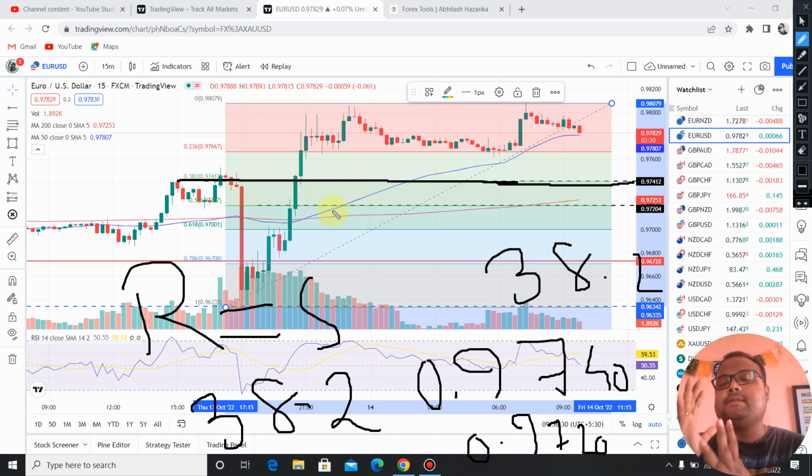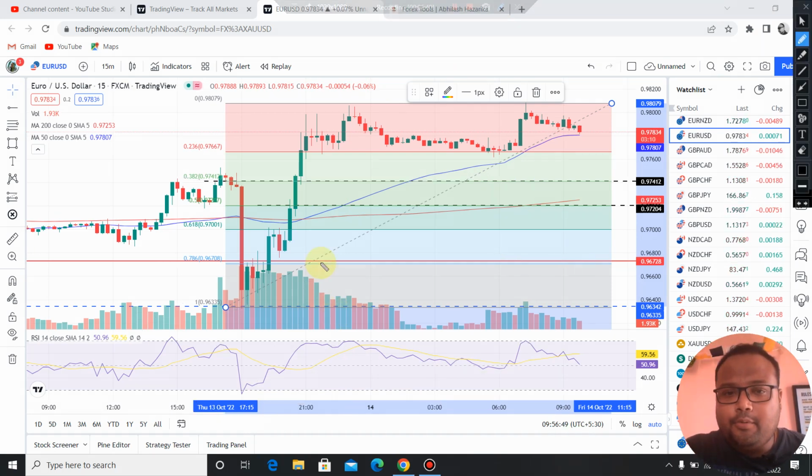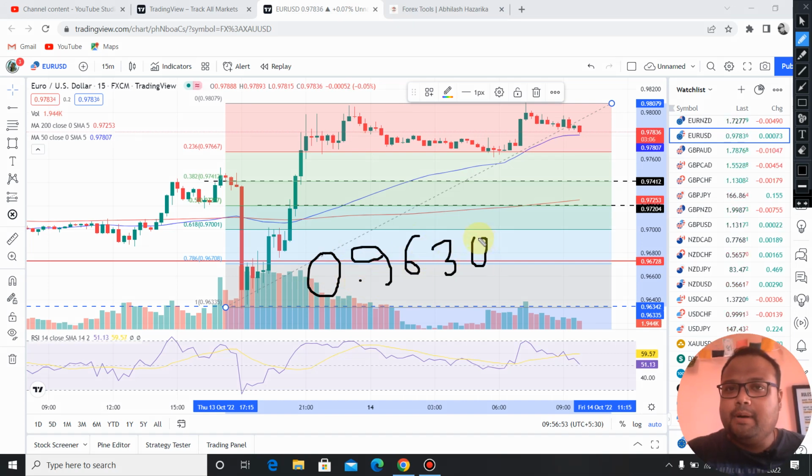So in this market, we have got many supports. Yes, the ultimate support is at 0.9630. But before 0.9630 also we have few levels in the market that can also work. If there is not much volatility in the market during the day and under normal circumstances, that's okay.